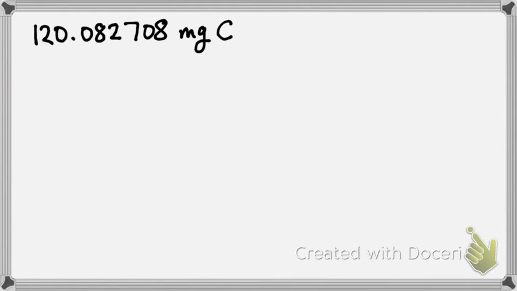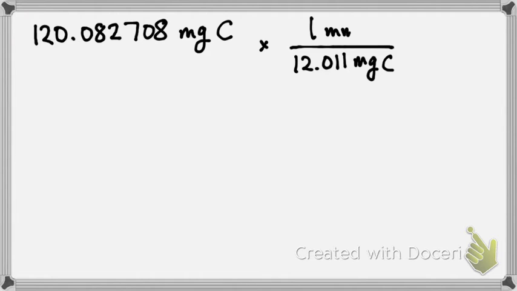So as we prepare for this next step, we know that we have 120.082708 milligrams of carbon. I'm going to convert this to millimoles. I know that in 12.011 milligrams of carbon, there is 1 millimole of carbon.